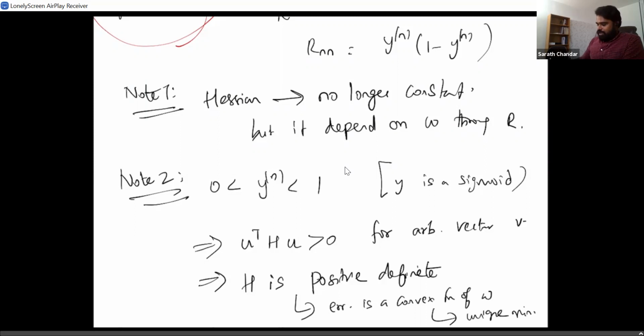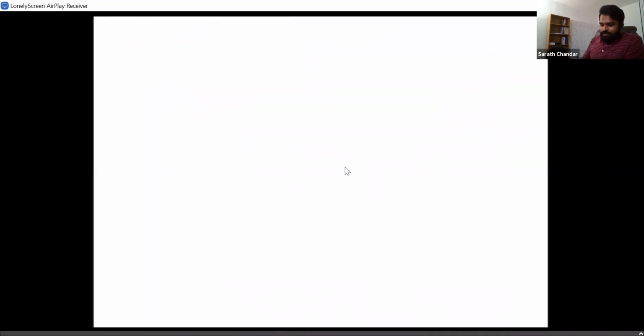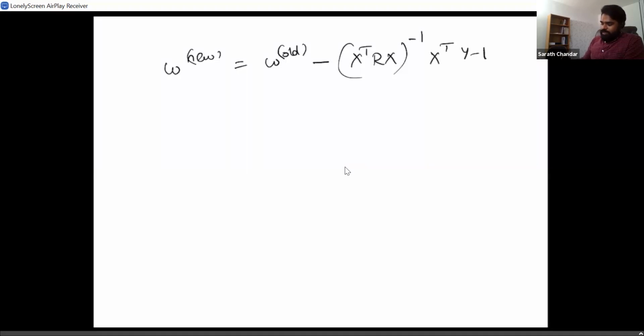Now let's write the update equation. W new is equal to W old minus the Hessian, which is given by X transpose RX inverse, and the gradient, which is given by X transpose (Y minus T). Now I'm going to do a little bit of restructuring.